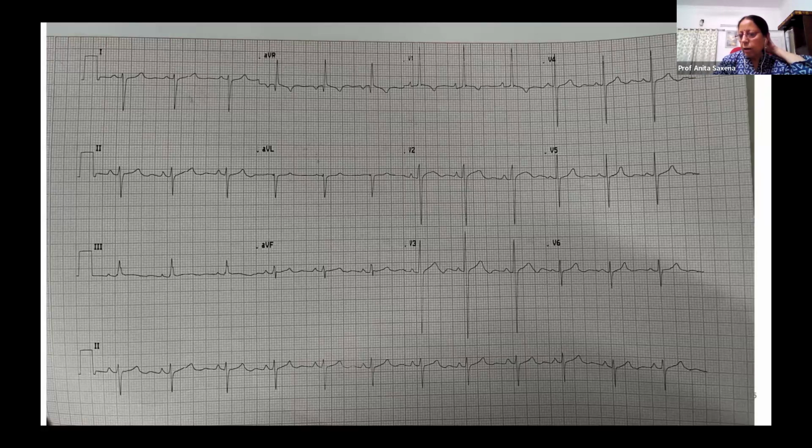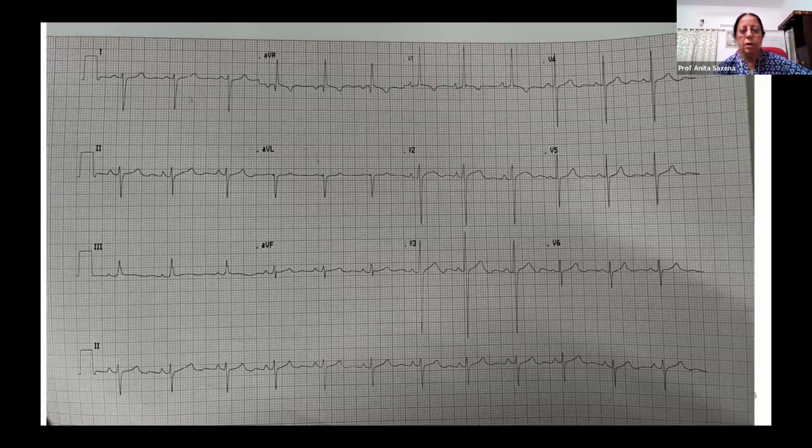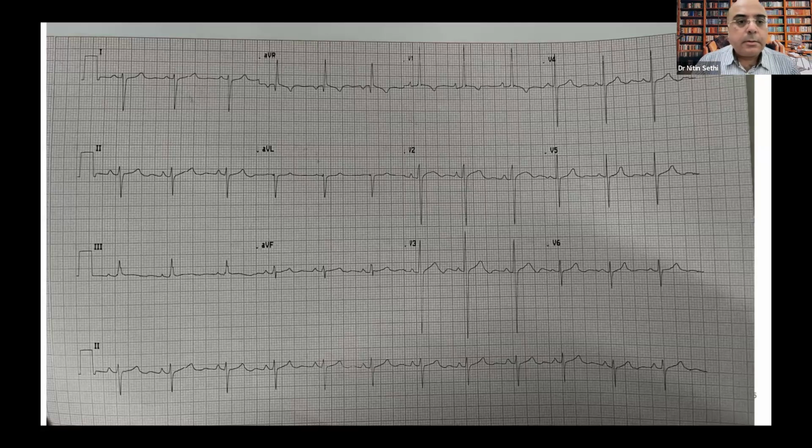So it fits with your diagnosis? A little bit off track, the right axis deviation is much more marked than we would have expected. But at least it tells you that it is likely to be VSD because you have an early transition. Yes, probably a large VSD.